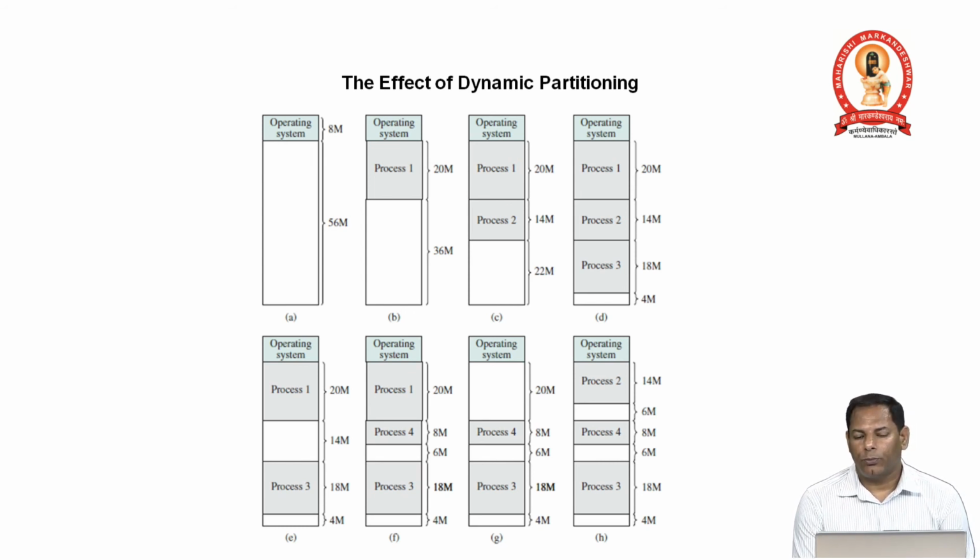Now if there is some process which requires 9 MB of space, we have the space, but that space is not continuously available to us. So we have external fragmentation here. It means space is there, but we can't allocate it to the process because the space is not at a continuous location. So this is known as external fragmentation.